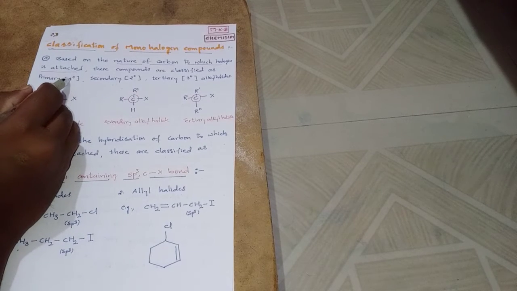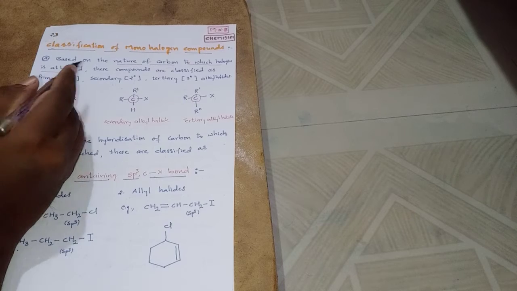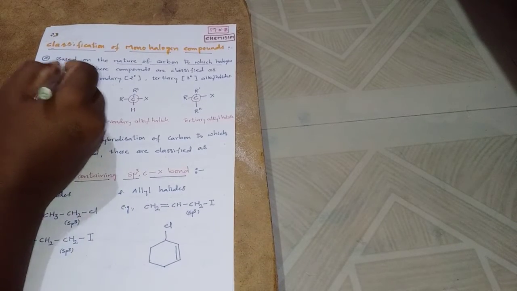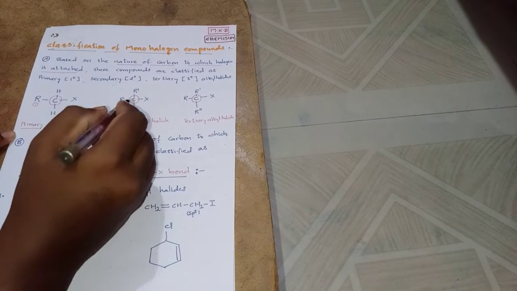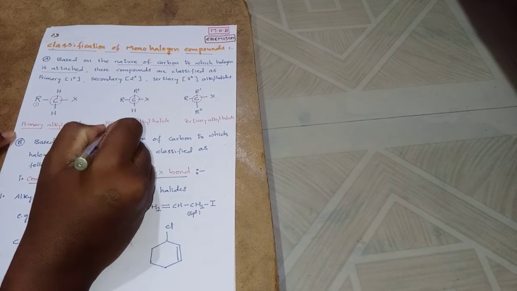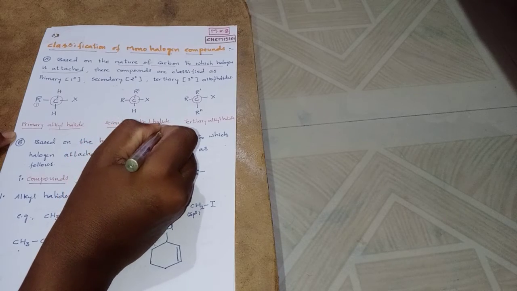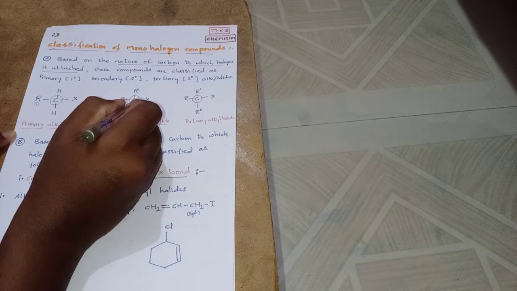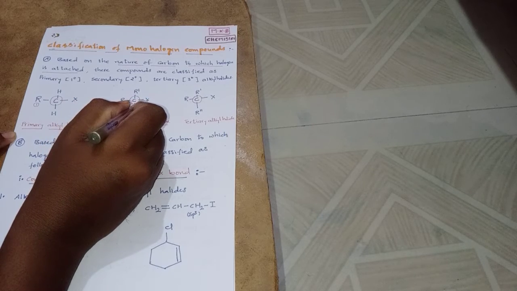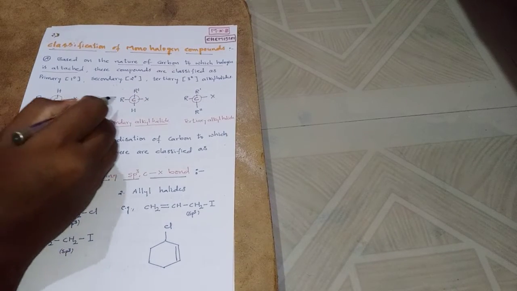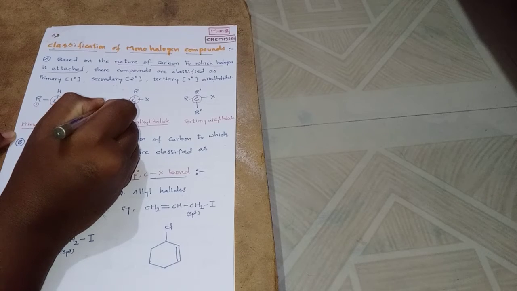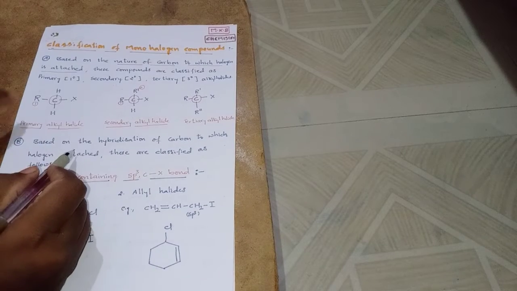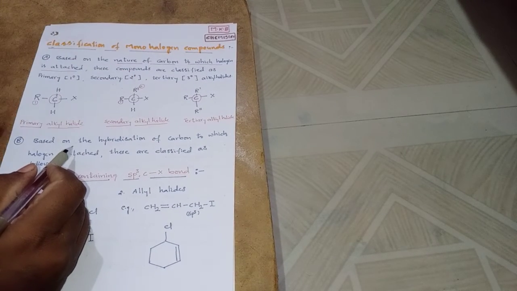In simple form, it is represented as 1 degree or 1 power 0. And the second one is called secondary alkyl halide. Here we observe that the carbon which is attached to the halogen is once again attached to two alkyl groups, R and R dash.